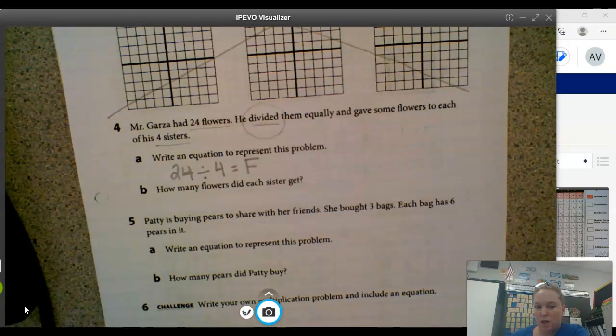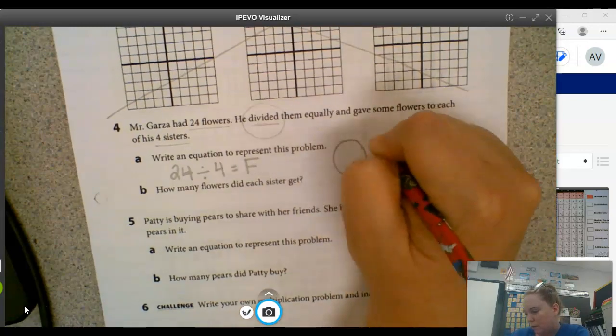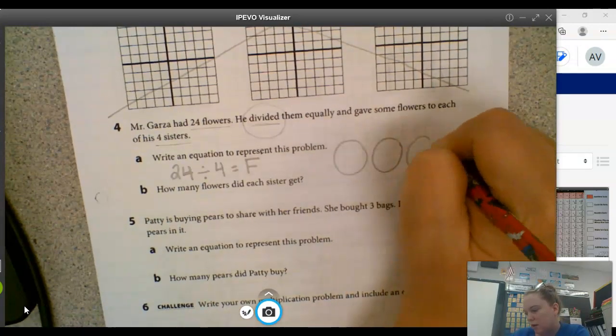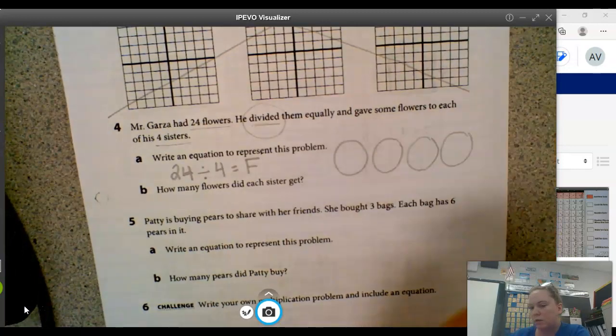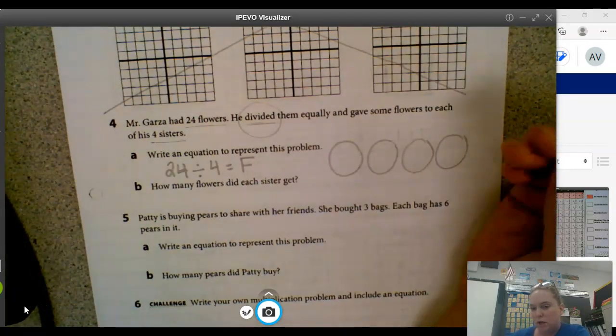Okay, and then to figure that out, you could say, well, I have my 4 sisters here, and I'm going to divide my 24 flowers up. You may already know the answer, but if you're really stuck, drawing a picture is really helpful.